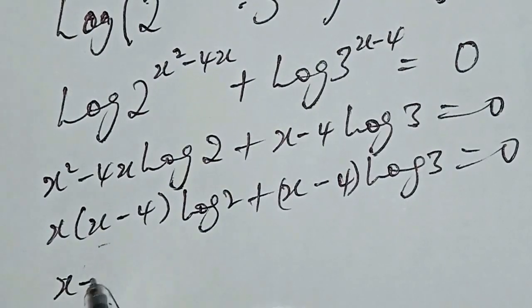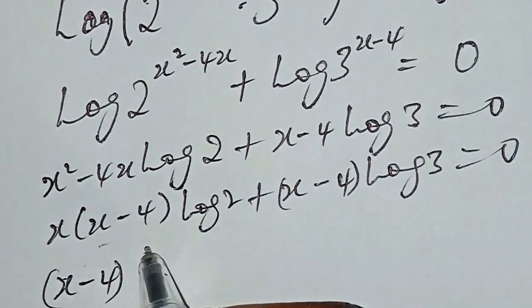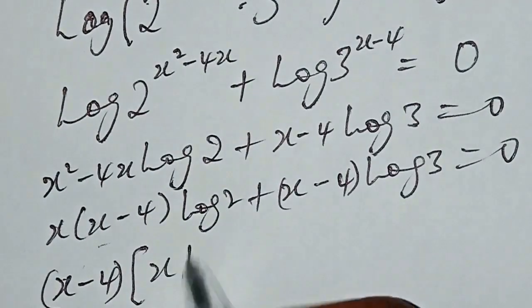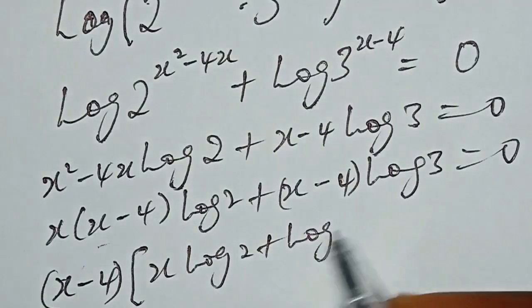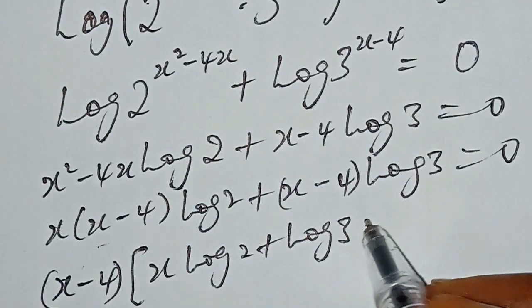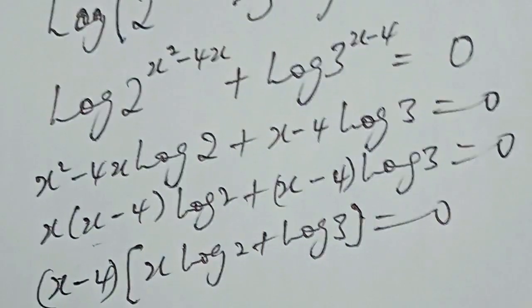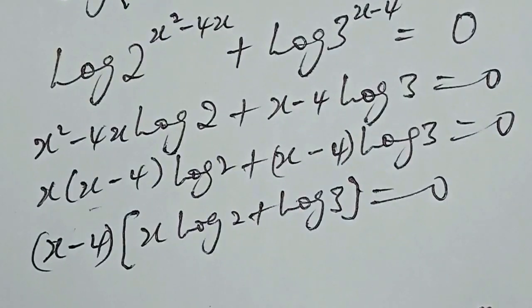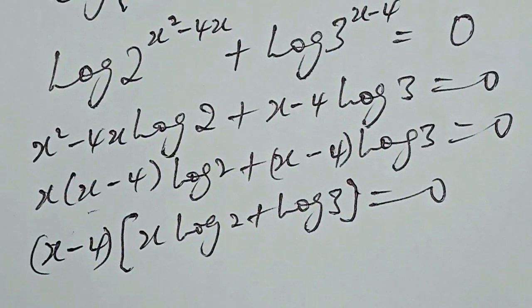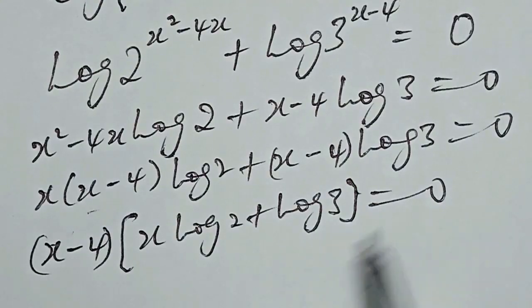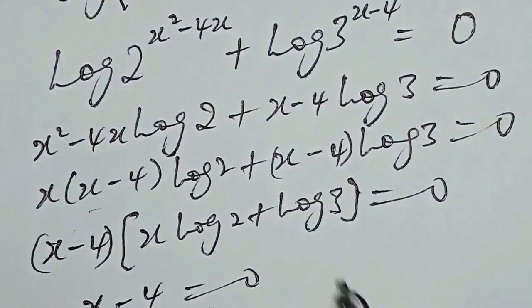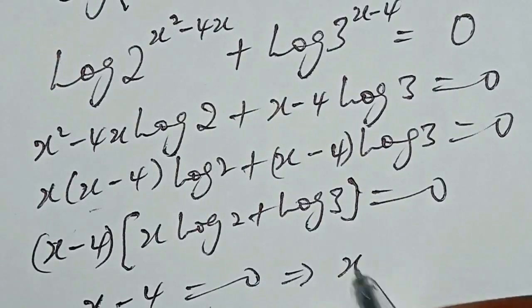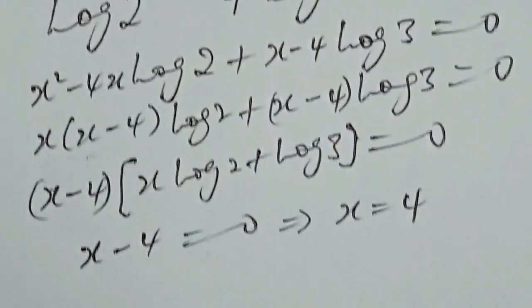So we have x minus 4 into brackets, and we have x log of 2 plus log of 3 into bracket, everything equal to 0. So in this case, x minus 4 will be equal to 0. It implies that x equal to 4.